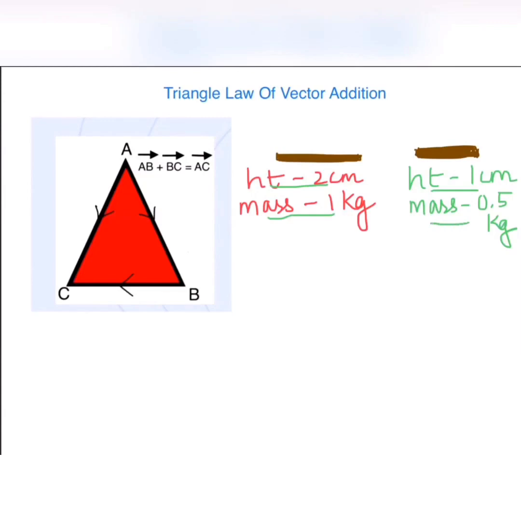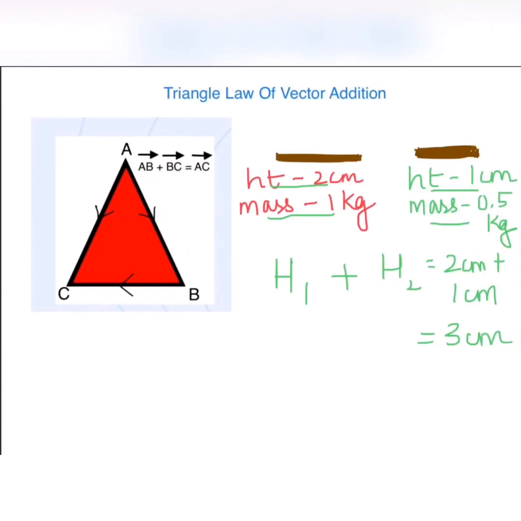Now we know that the height of the first stick can be added with the height of the second stick. Taking the height of the first stick as h1, adding h2 will be 2 centimeters plus 1 centimeter, which gives the resultant 3 centimeters.